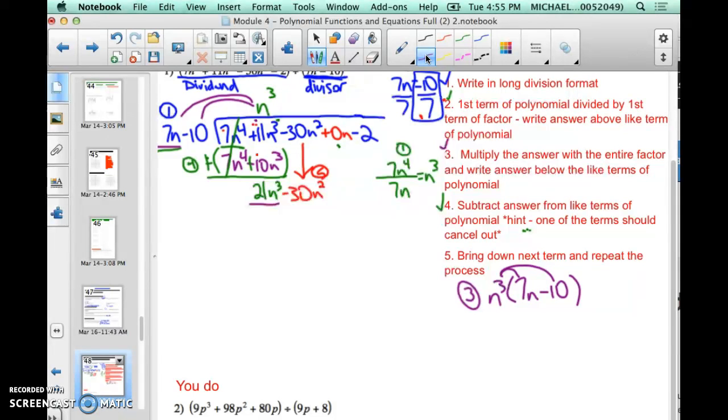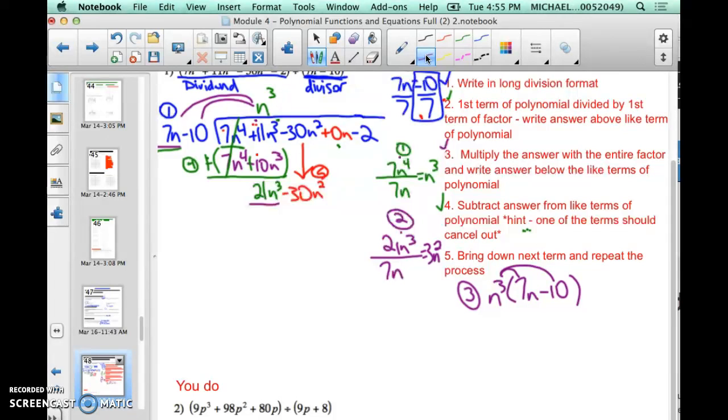So in this case, round 2, the first term is 21n cubed now. If you notice, it was n to the 4th, now it's n cubed. I'm doing something right. Divided by 7n equals. So 21 divided by 7 is 3. n cubed divided by n is n squared.